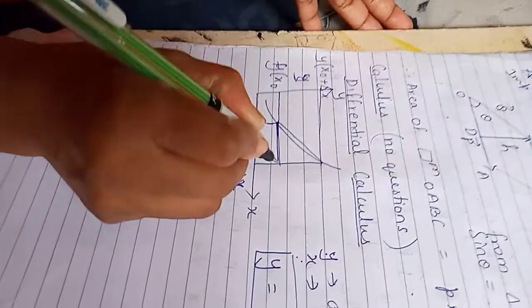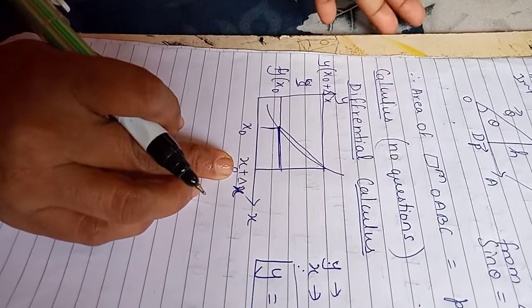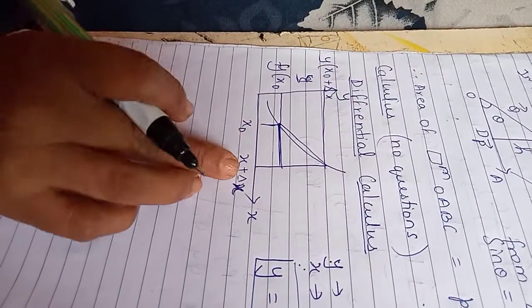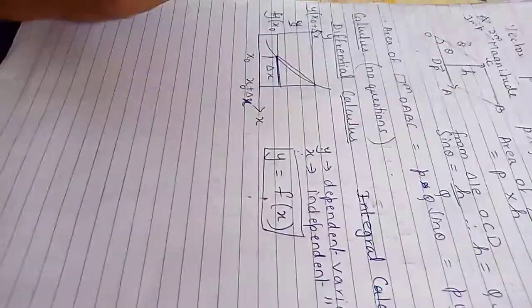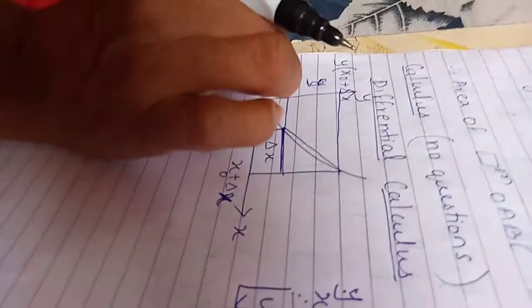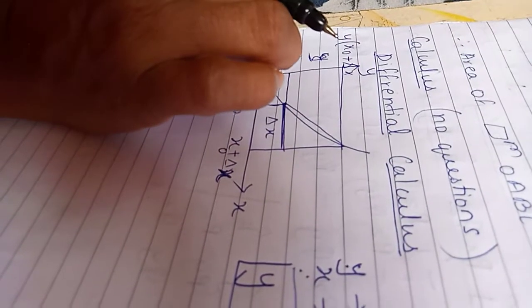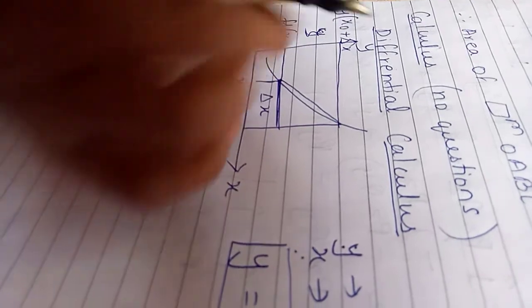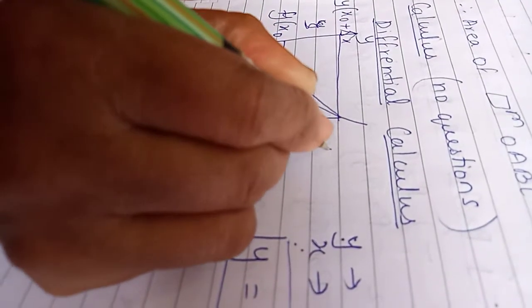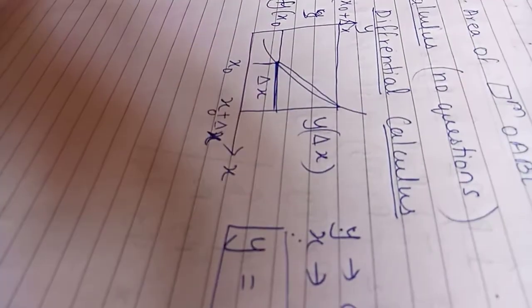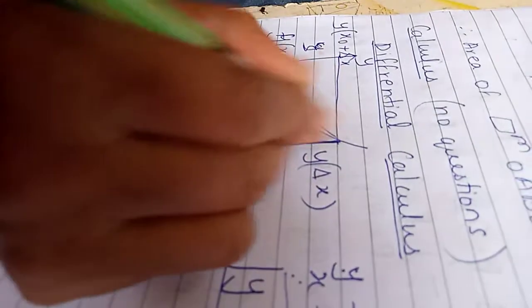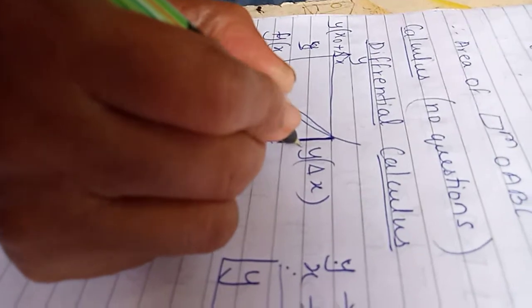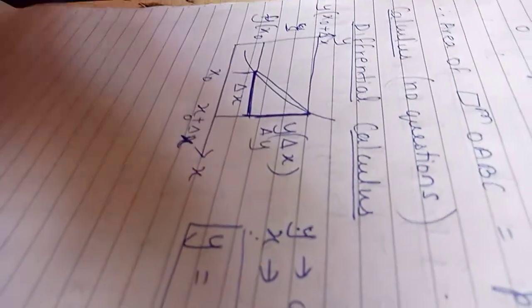What is this curve here? The difference x0 plus delta x minus x0 is delta x here. And y of x0 plus delta x minus y of x0 is the change in y, which is written as delta y.